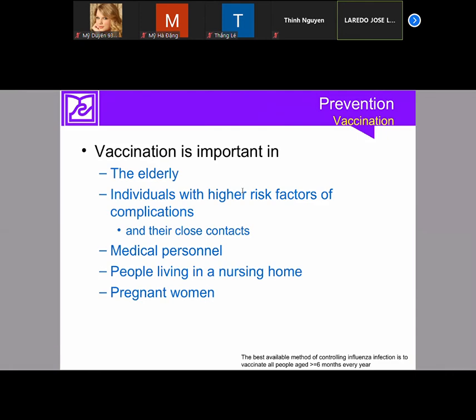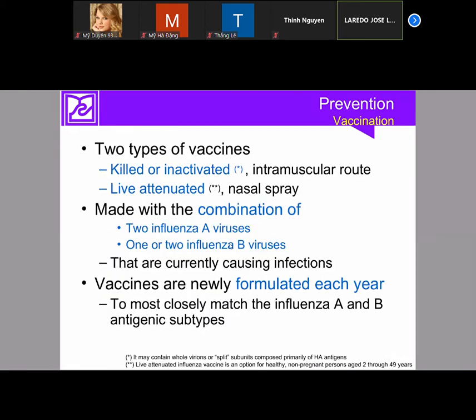And we have vaccines. The vaccines are important for some groups of people. Mostly the elderly, people with higher risk of complications, medical personnel, and other groups of people. Currently, we have 2 types of vaccines.